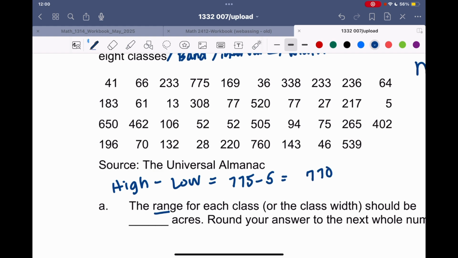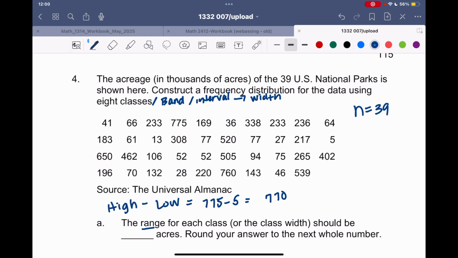And then the class width. Remember, it says that we want 8 classes, so it's going to be the range divided by the number of classes. All right, so right here is the range.